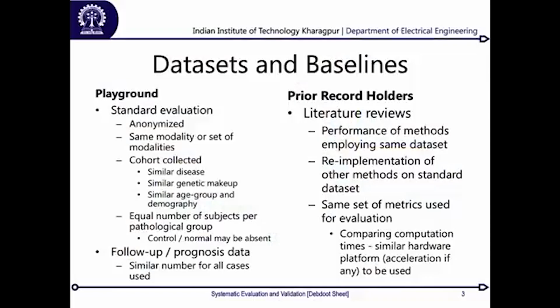The next part is that you need to have an equal number of subjects per pathological group, which means that if you are looking for a certain sort of cancerous lesion, cancers can be of different categories. There can be type 0, where no cancer has been found, and type 1, where it is not yet a cancer, it's some sort of a tumor but in a benign form and least likely to ever become a cancer. Then there can be type 2, which is exhibiting some sort of growth, but that is not exactly a cancer.